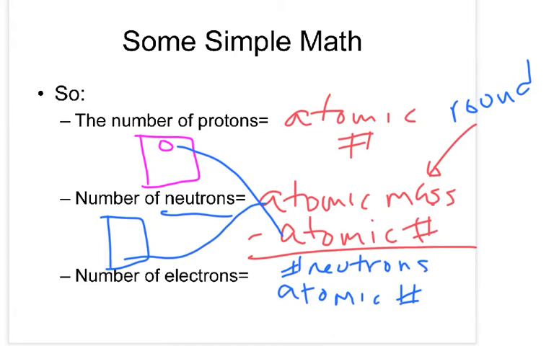There's one step we have to do first: we take the atomic mass, that number at the bottom, and round it to the nearest whole number. So 13.9 becomes 14, and 13.1 becomes 13.